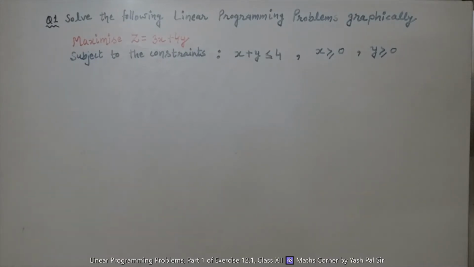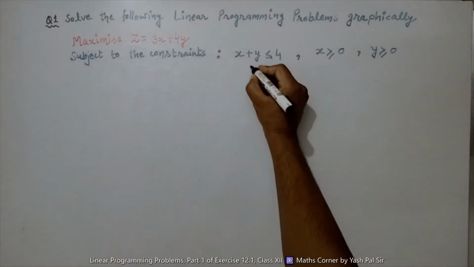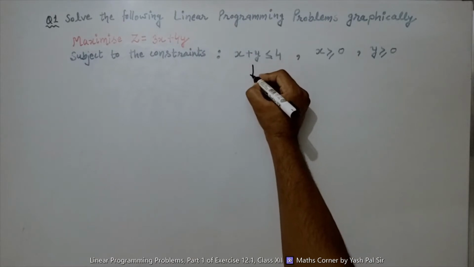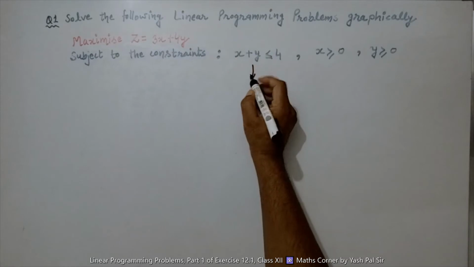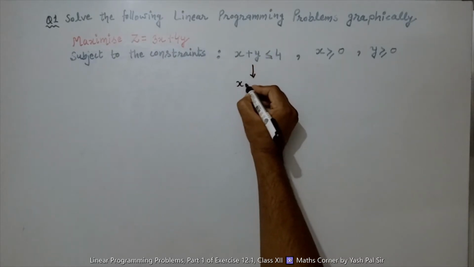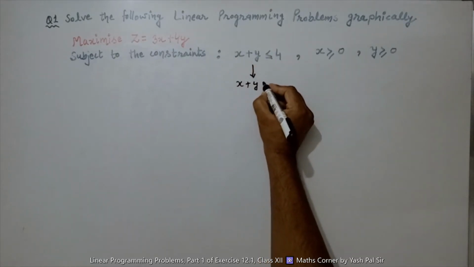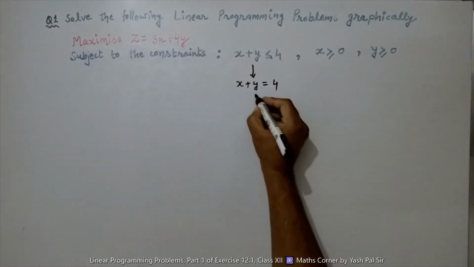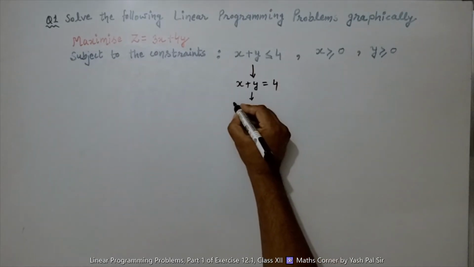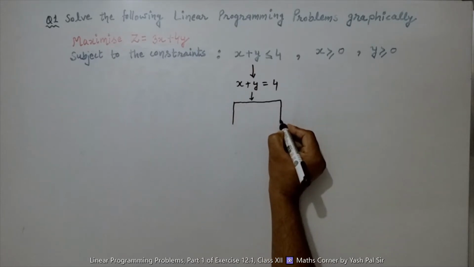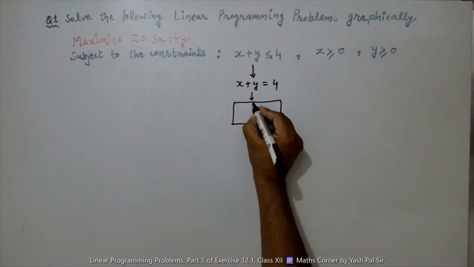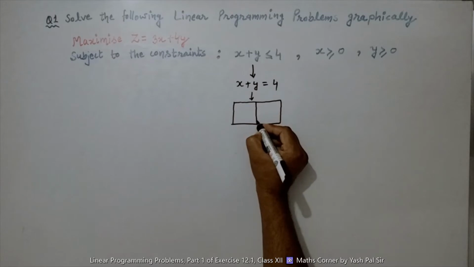Right? So the very first step is, the given inequality in the constraints, we convert this inequality into equality: x plus y is equal to 4. Then we have the table. In this table we find the values of x and y.